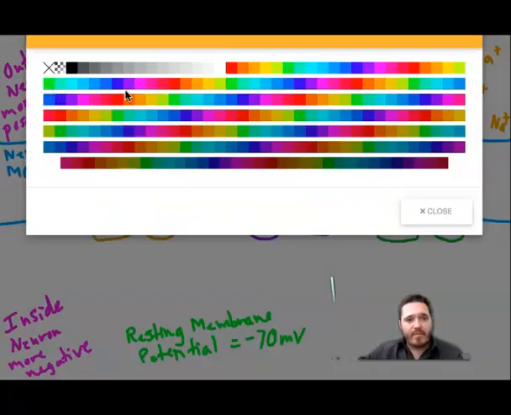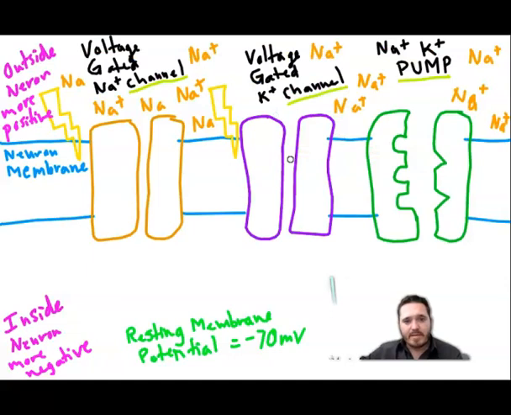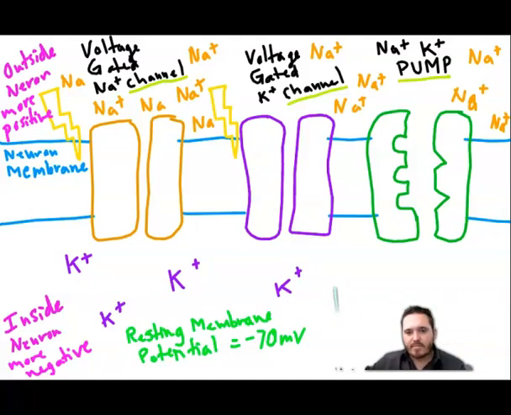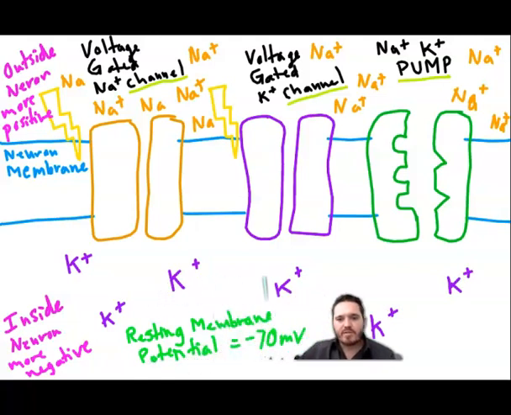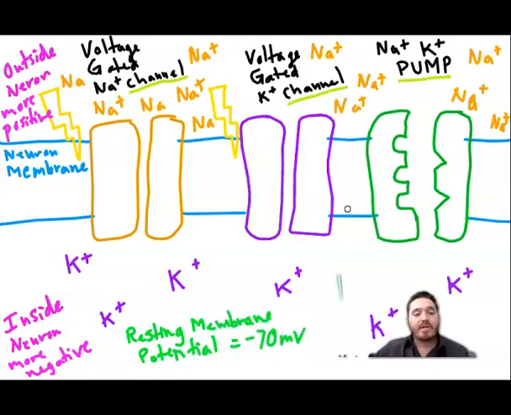Okay, and then for the potassium, there are fewer potassium ions, which means a less positive charge on the inside than outside. And because it is a less positive charge on the inside than the outside, that creates this resting membrane potential of negative 70 millivolts. It's a net charge of negative 70.